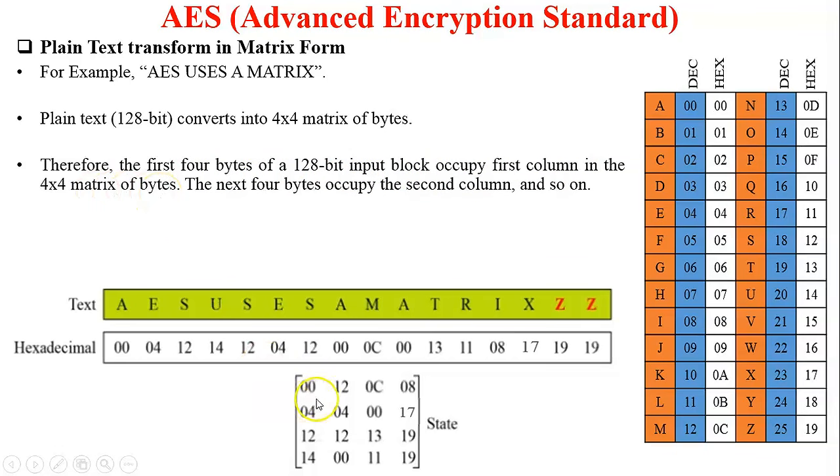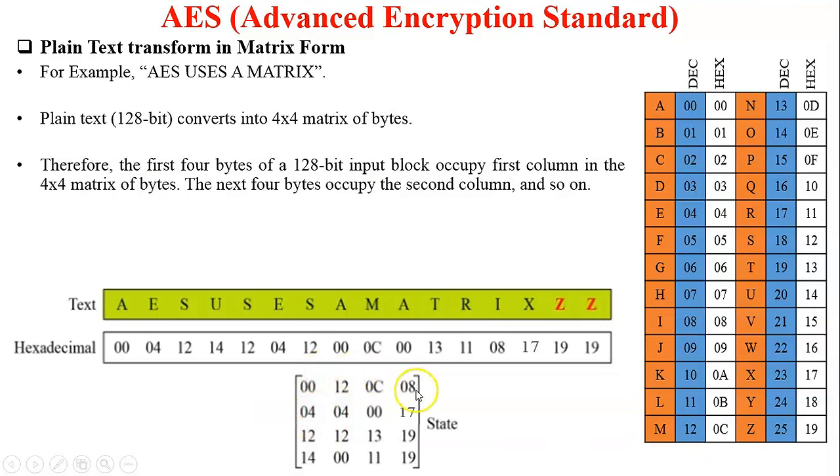Now in this matrix you can see 00, 04, 12, 14 column-wise. Next, a new column will be generated from 12, 04, 12 and 00, and the remaining letters will be put in the different columns. So the next 4 bytes occupy the second column and so on.